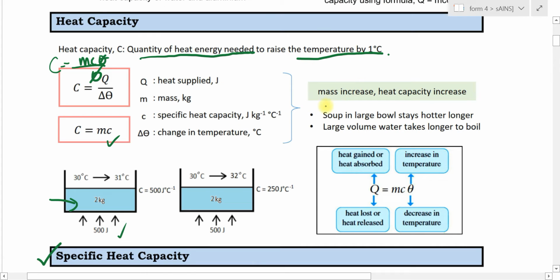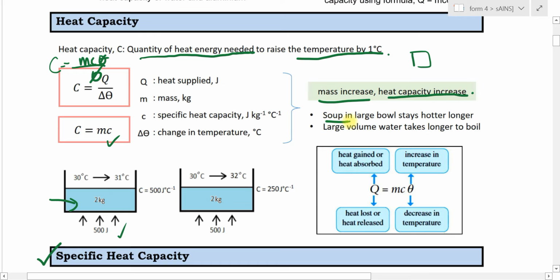Yang ini dia nak bagi tahu je. When the mass increase, the heat capacity increase. Macam tadilah, kalau bas besar, capacity penumpang dia besar. Kalau mass increase, heat capacity increase.